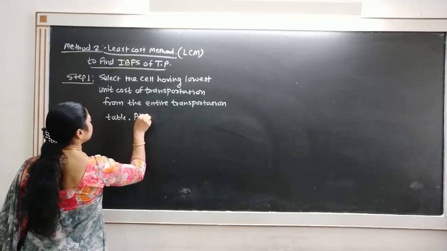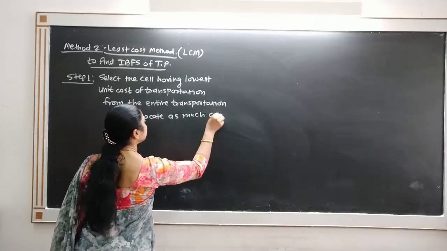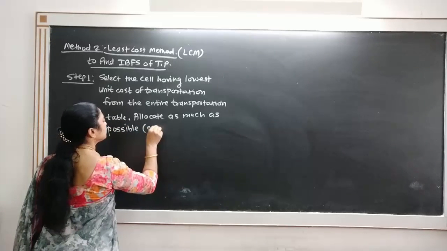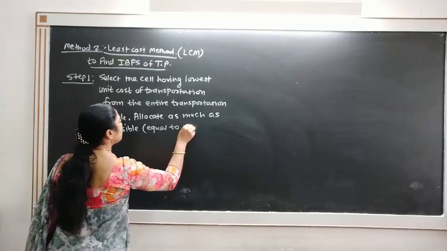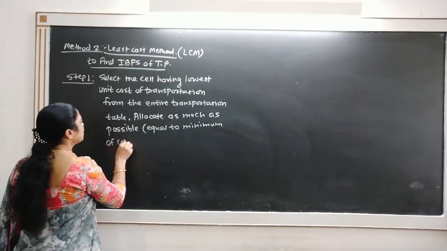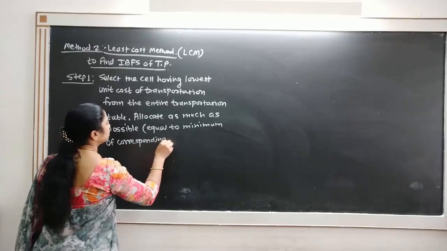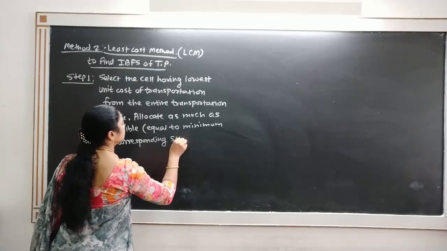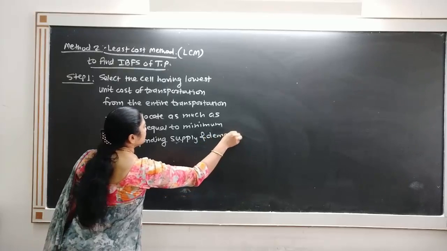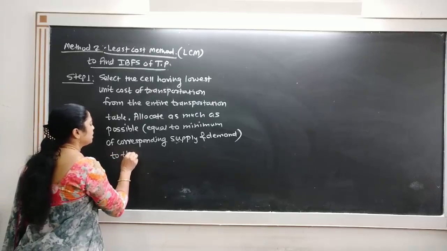Allocate as much as possible, which is equal to the minimum of the corresponding supply and demand, to this cell.